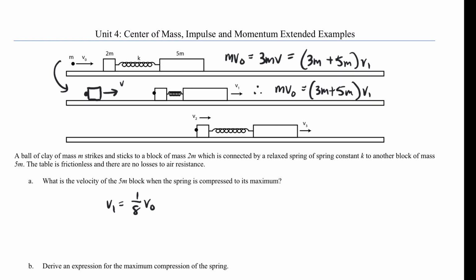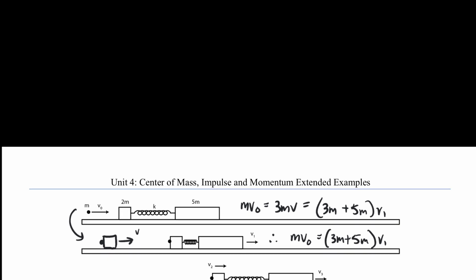Let's take a moment and realize that the original amount of energy was 1/2 m V0 squared. This is the amount of energy the clay had. Then, after the collision, the clay and box, the thing I did not solve for, has energy of 1/2 3m V squared. Now, we never solved for V, but we could. It's 1/3 V0.